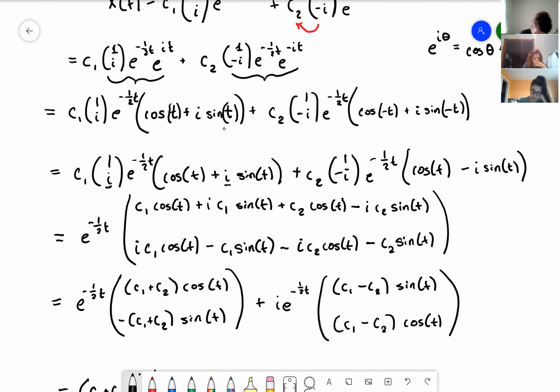And all the solutions are linear combinations of these two. And what I want to show is that I can get two independent solutions in that set that are completely real.